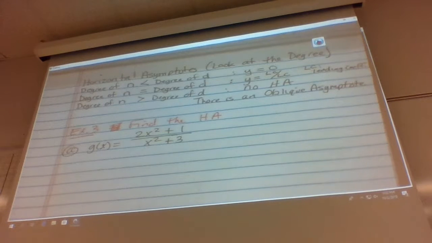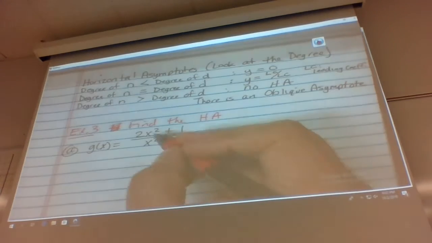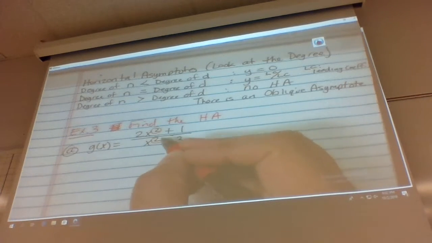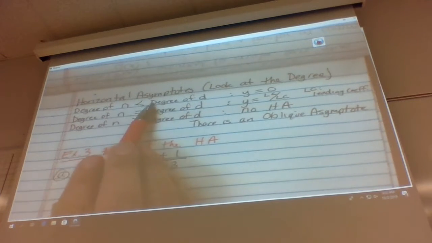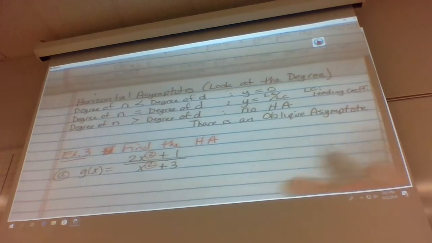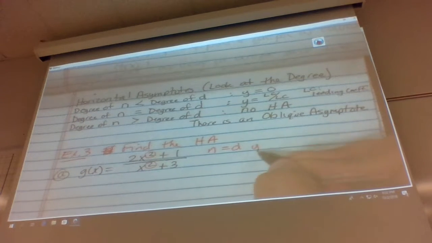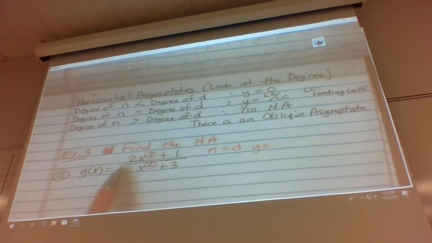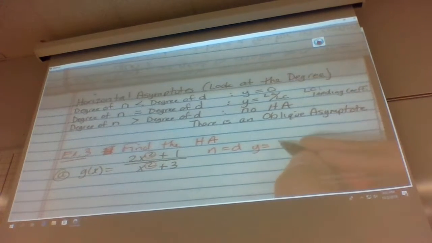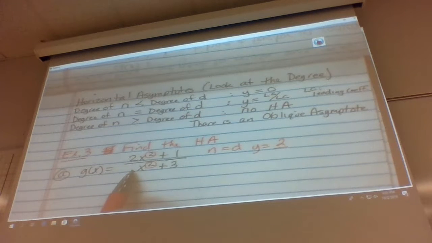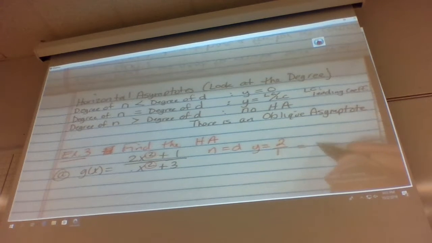My degrees are equal, so it says y equals LC over LC, meaning leading coefficient over leading coefficient.